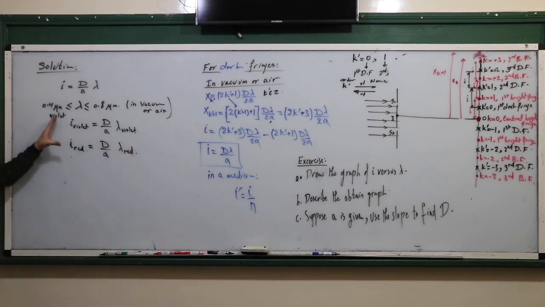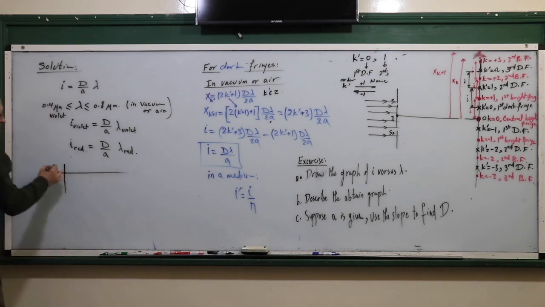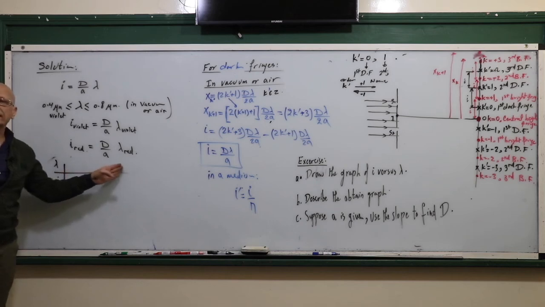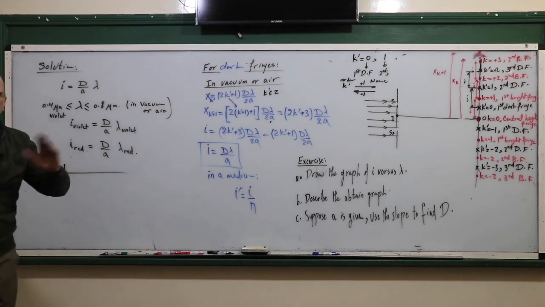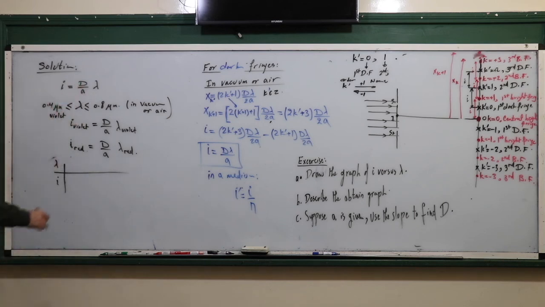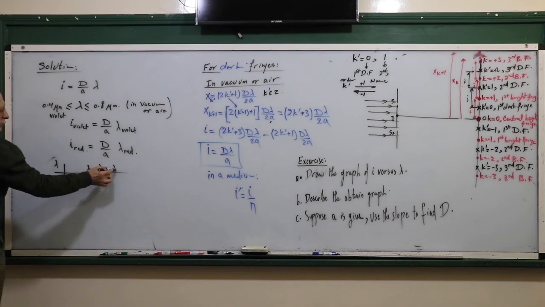Okay, this is the first thing that you should know, that there is a minimum and maximum for I. If I plot a table here, lambda versus I, if I give you several lights between violet and red, several lambdas, you have here lambda 1, lambda 2, lambda 3.